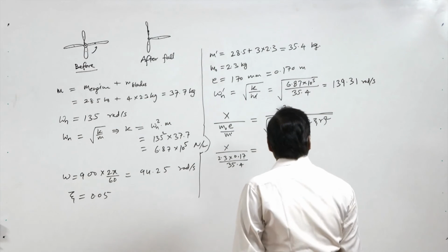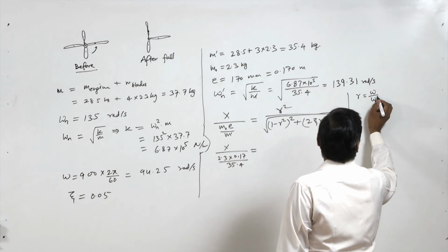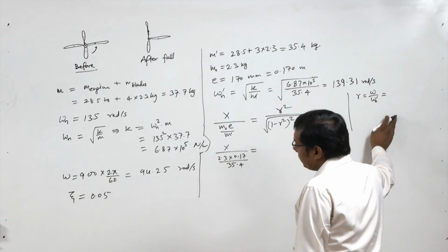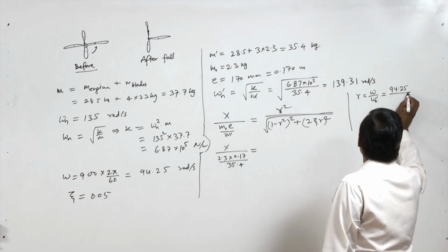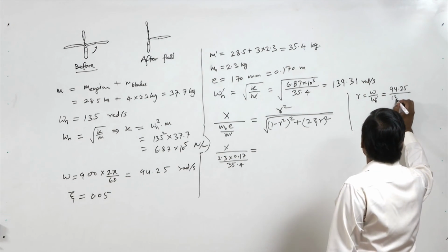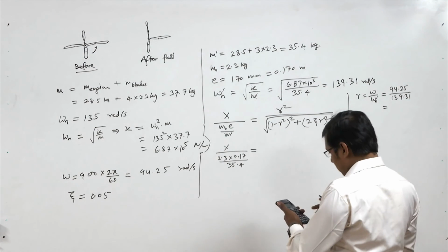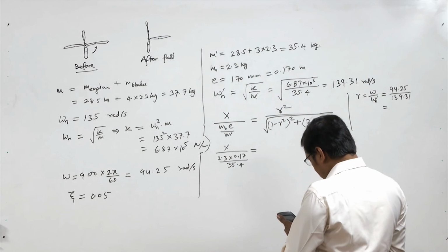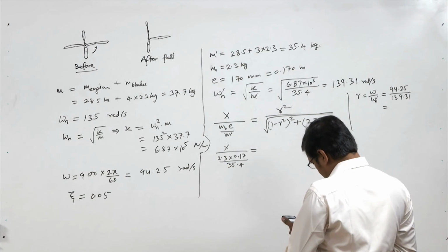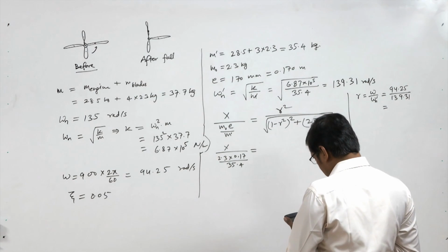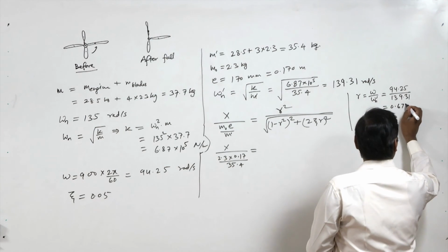So we have to calculate r, and r equals omega by omega n dash, where omega is 94.25 and omega n dash is 139.31. So we have 0.677.